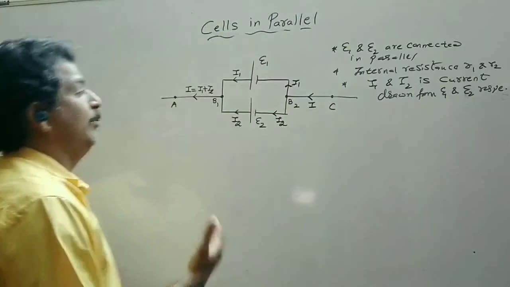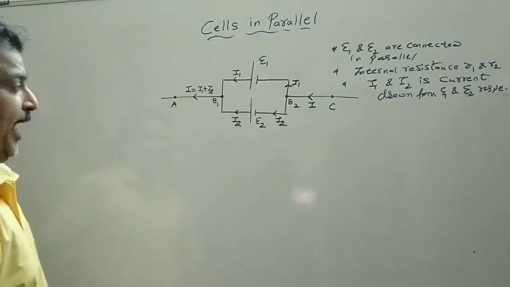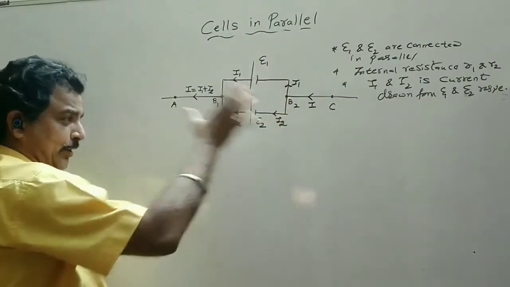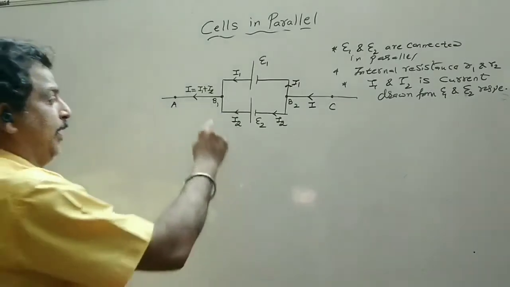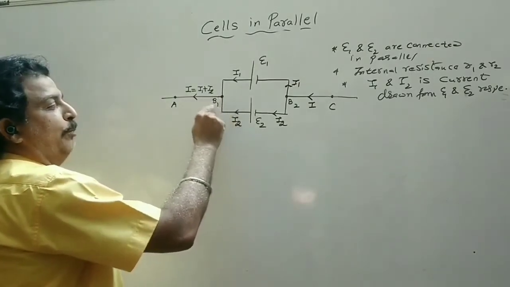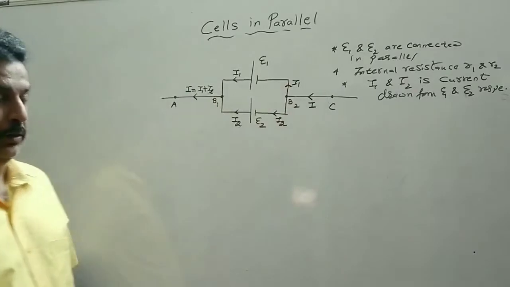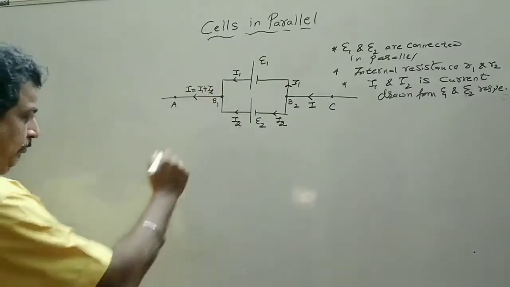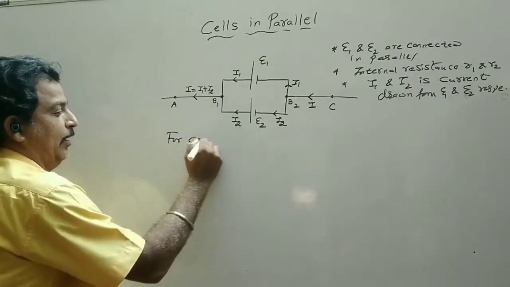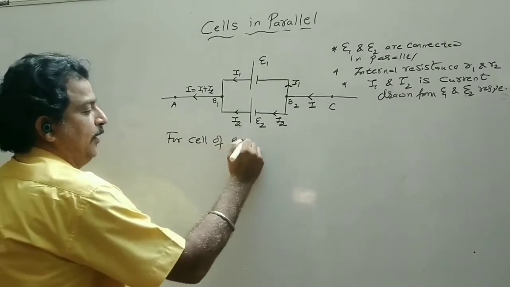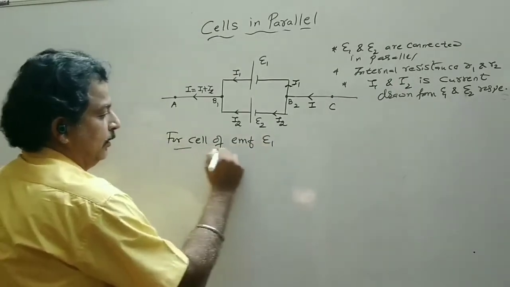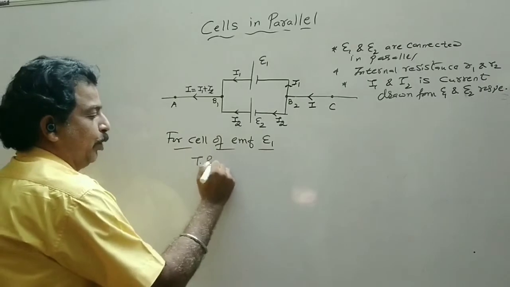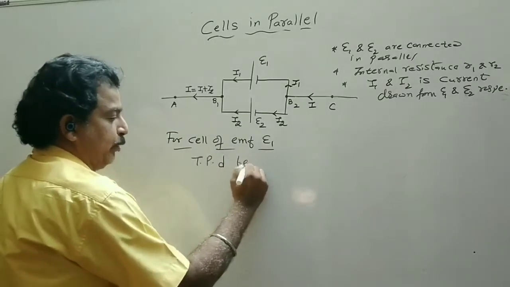So the terminal potential difference across E1 and across E2 is the same because they have common points B1 and B2.